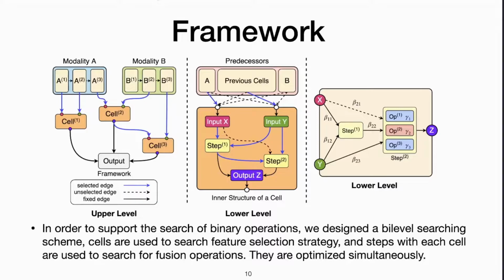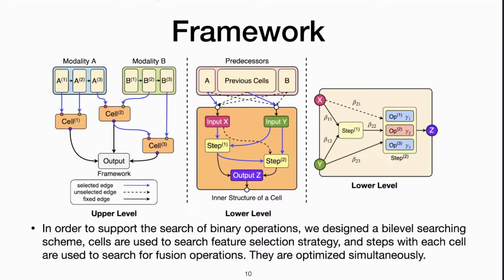Here we show the structure of our BM-NAS framework. So you can see there is a nested structure. That's why we named it bilevel. The upper level of BM-NAS searches the unimodal feature selection strategy, and it consists of a group of cells.